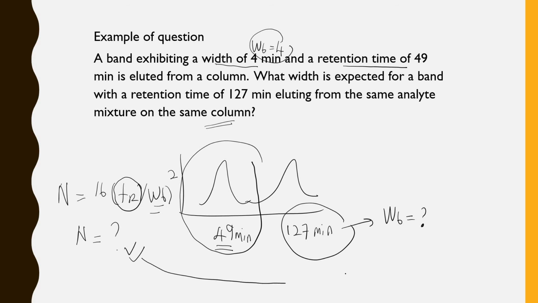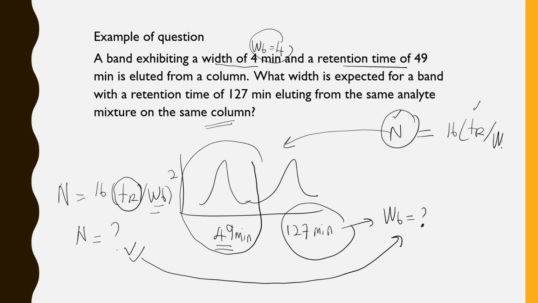Okay, from that to calculate the WB here, it's very easy because N is already obtained from this calculation. Okay, and then the 16 and the TR are given, and from that you can automatically calculate WB, right? So it's quite simple.